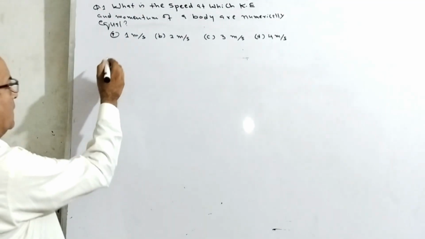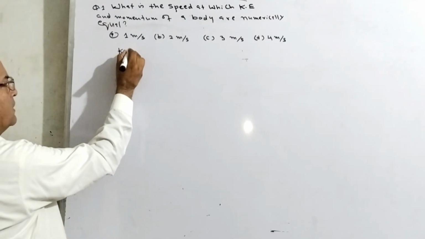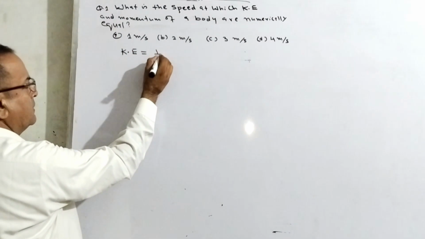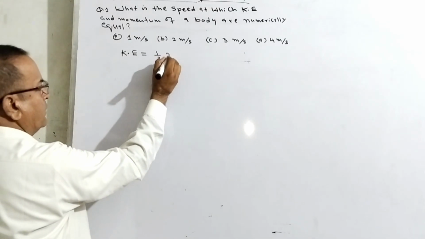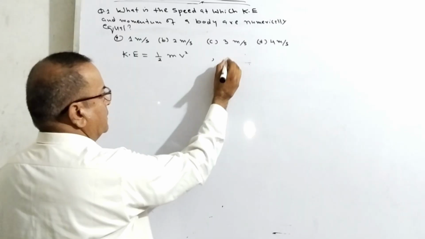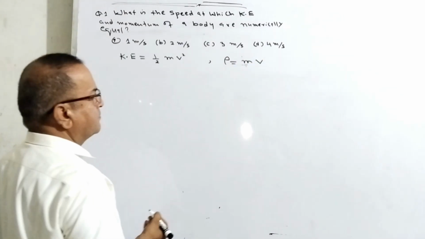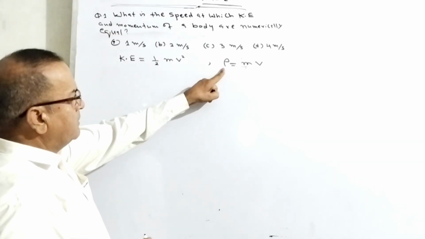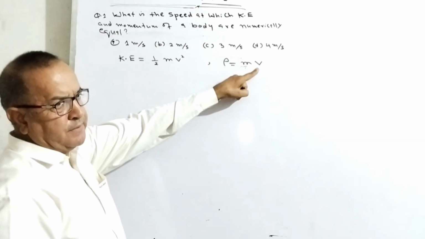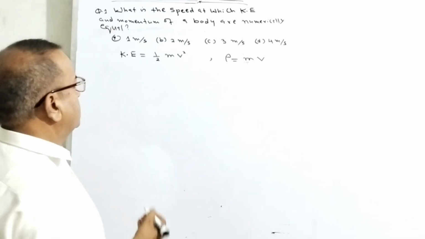So first of all, we write the formula of kinetic energy, that is 1/2 mv square. Also the formula of the magnitude of momentum: the magnitude of momentum is equal to mass times the speed, but momentum is equal to mass times the velocity.